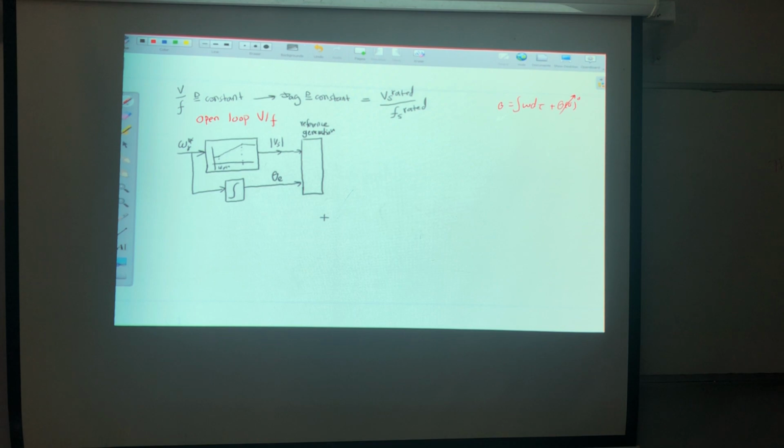Now, for the reference generation, you know that, let's put it here. Let's make it 3 in 1.